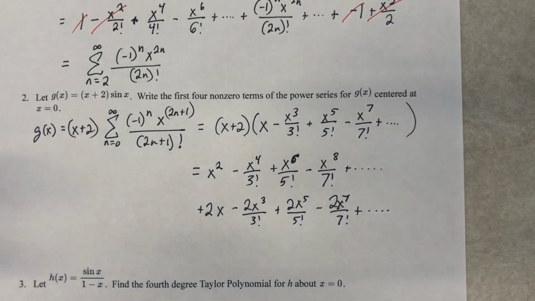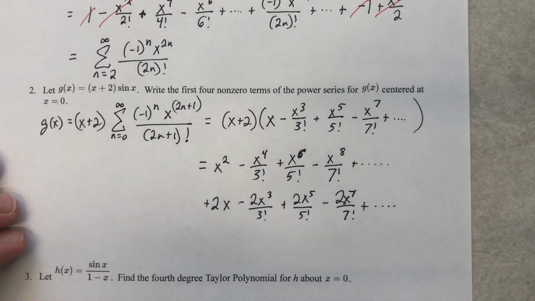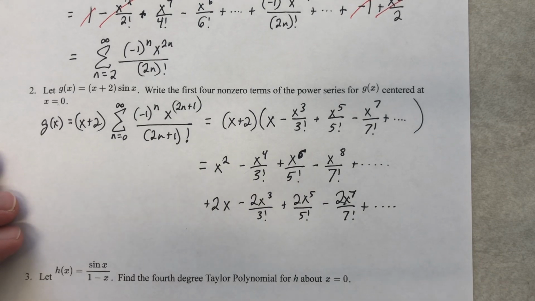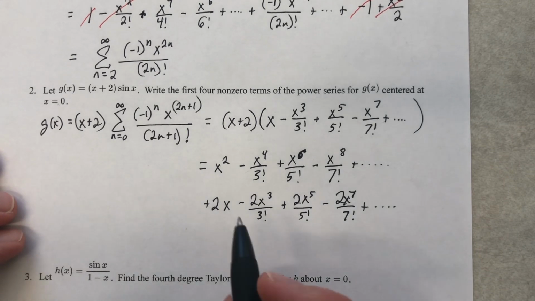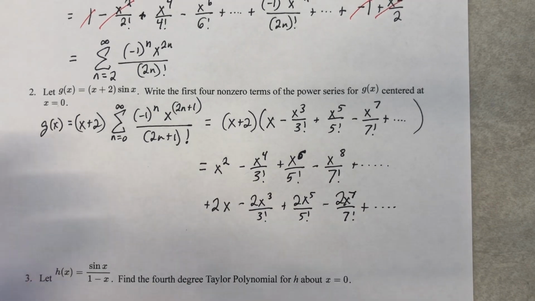Okay, they want the first 4 terms that are not 0, so we don't have any 0 terms here. And if we're going to list the first 4 terms, we're going to start with lowest exponent and then keep counting up. So here are the lowest 4.